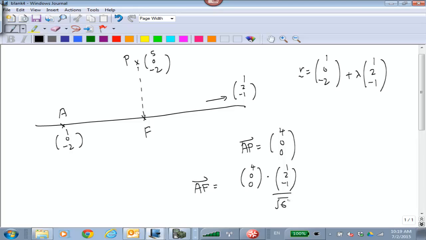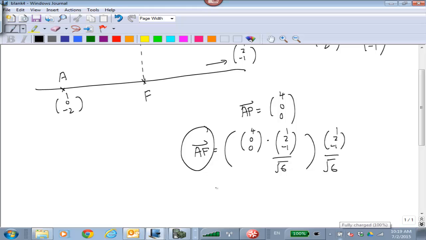Then, because remember, we are finding a vector, bracket, very good. The same thing, (1, 2, -1) over square root 6. Agree? Which means that the answer, I think, is just 4 over 6 times (1, 2, -1).